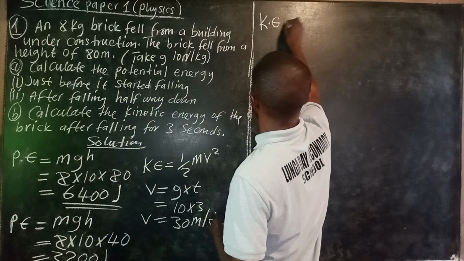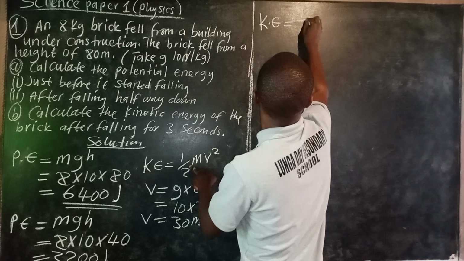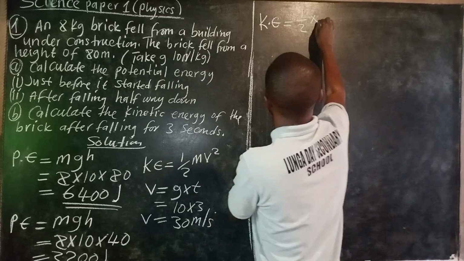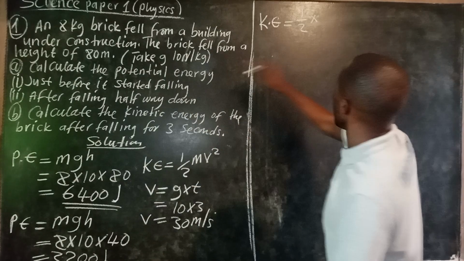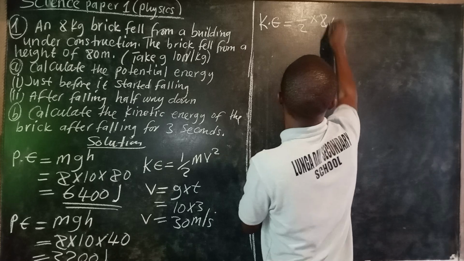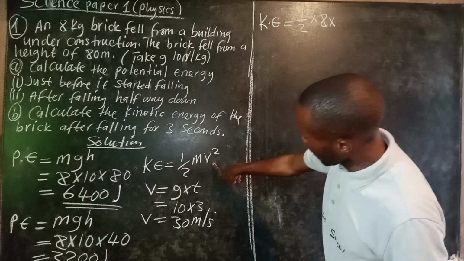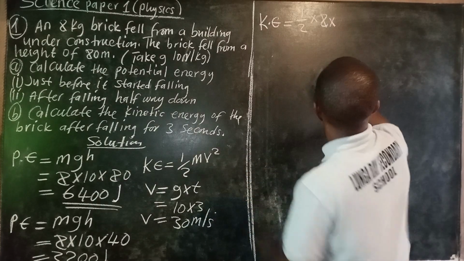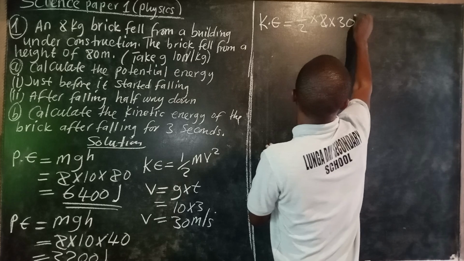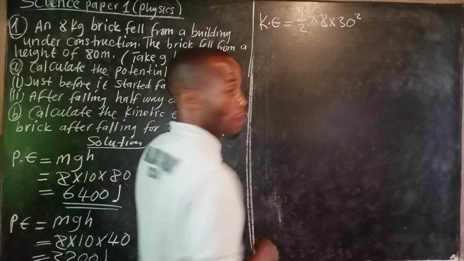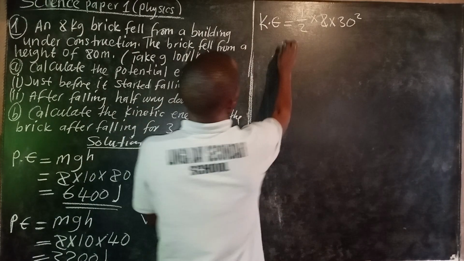So kinetic energy is equal to half, times mass, which is 8, times velocity, which we have found is 30. There is a square in the formula, so you put 30 squared.